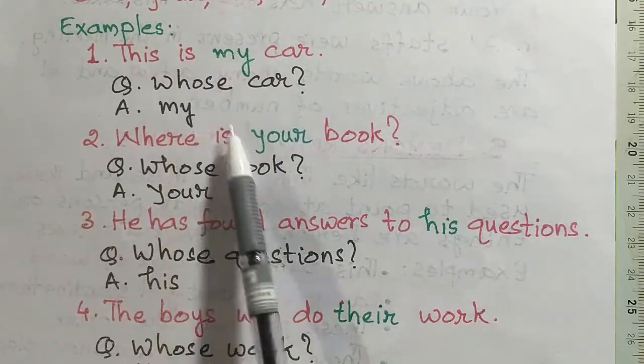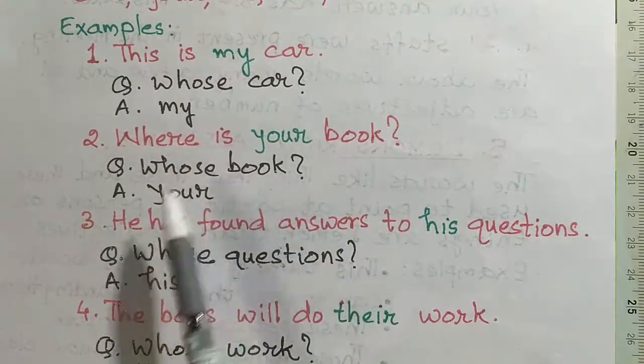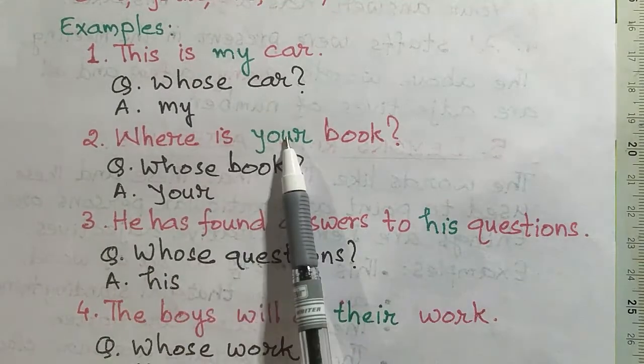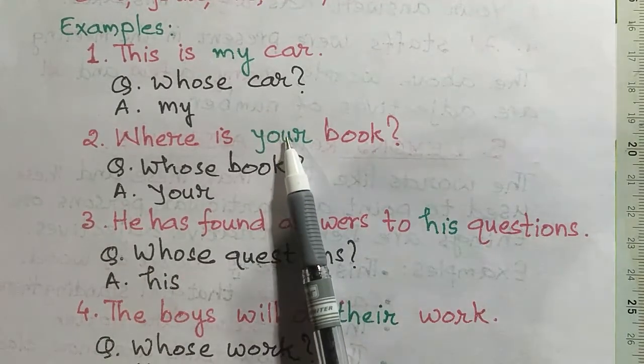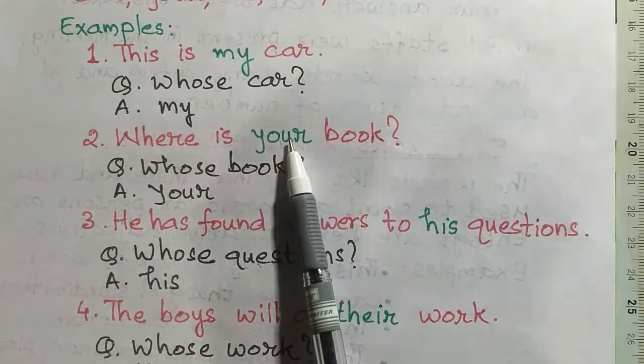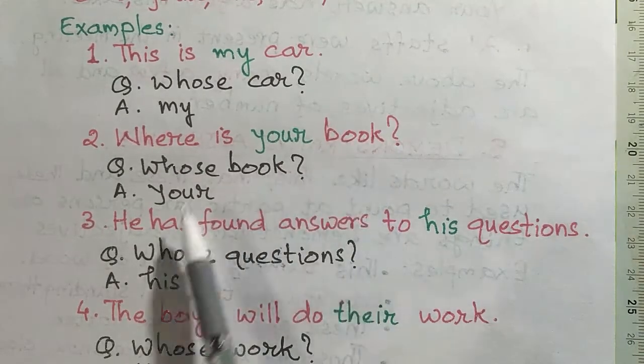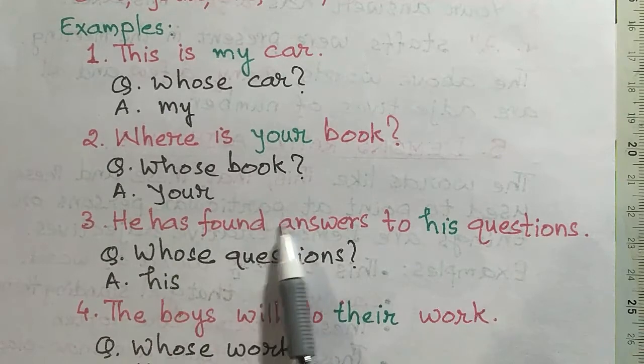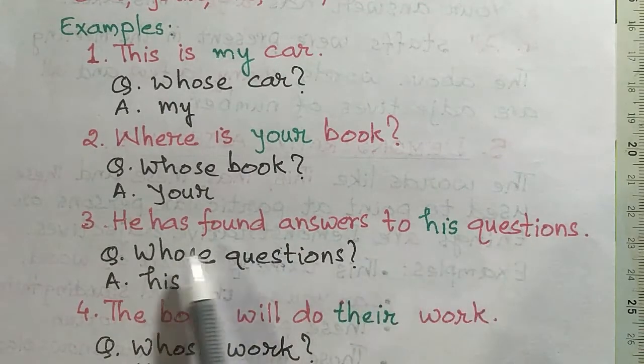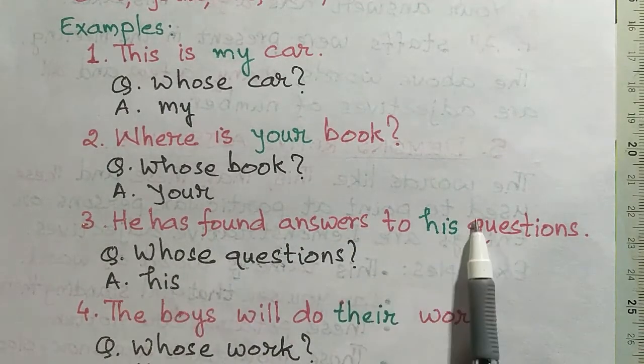Then number 2, where is your book? Whose book? Your. So here again your is adjective of possession or possessive adjective because it is telling the owner of the book. Then number 3, he has found answers to his questions. Whose questions? His questions.